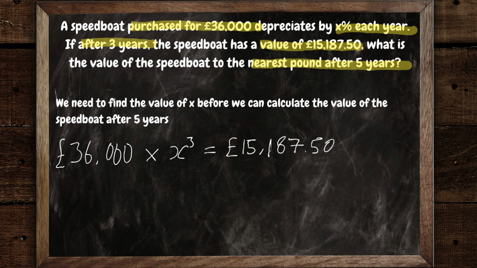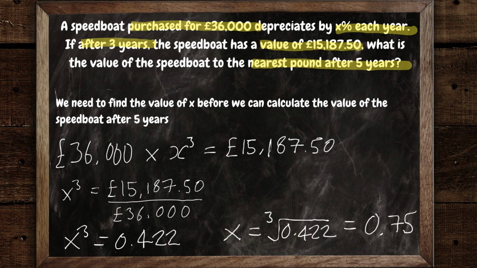So we would rearrange this to work out X cubed, which will be £15,187.50 over £36,000. And when we put this in the calculator, X cubed will give us 0.422.